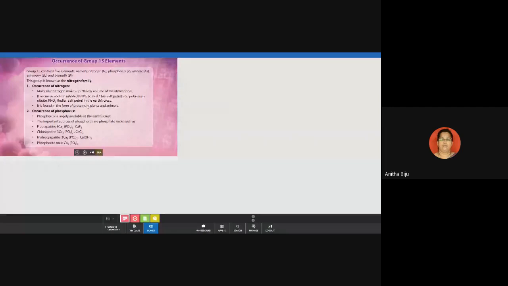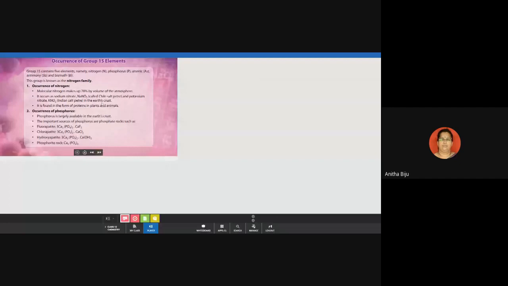You know why it is known as Indian saltpeter? Anyone? Why is it called so? It was of Indian origin, that's why. Sodium nitrate was first found in Chile, so that's why it has this name.